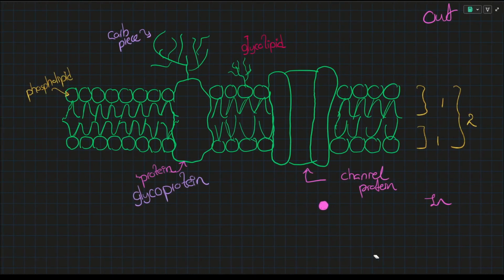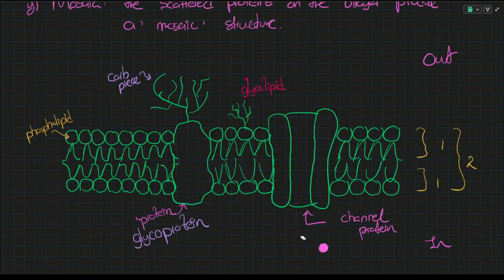So going back to this, these are roughly the main parts that you're going to find in the cellular membrane. I have omitted one specific thing, and that specific thing is something like this.